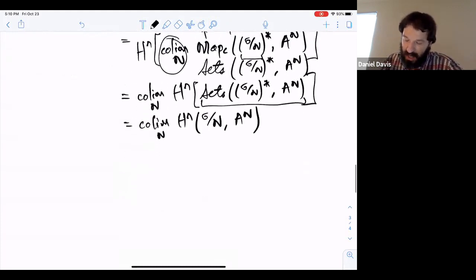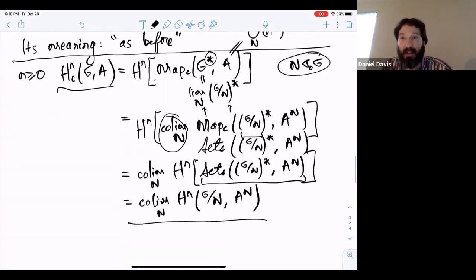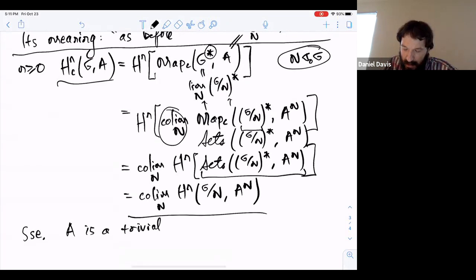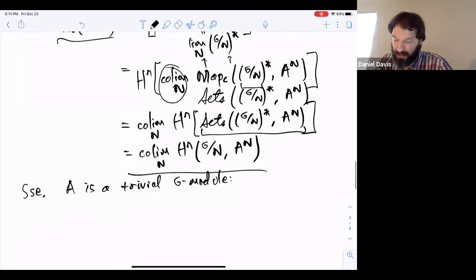So we have this isomorphism here, and now suppose that A is a trivial G module.